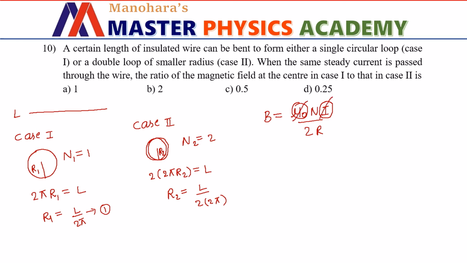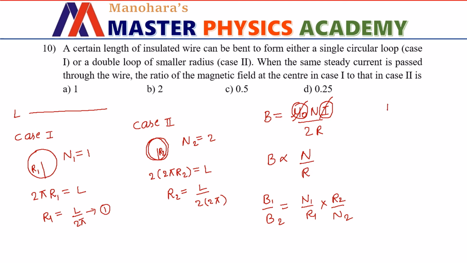So what is the relation here? Magnetic field will be directly proportional to the number of turns and inversely proportional to the radius of the circular coil. So taking the ratio B1 to B2, we will get N1 by R1 into R2 by N2. Now let us substitute.